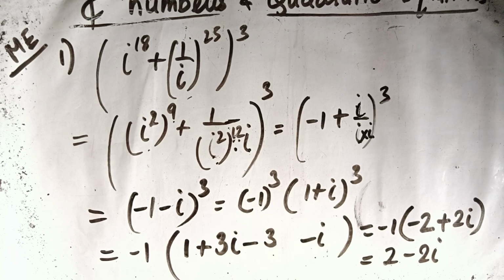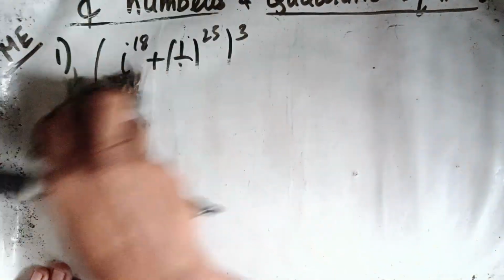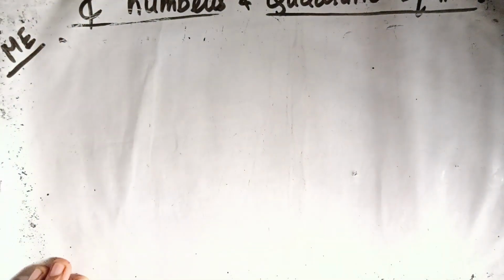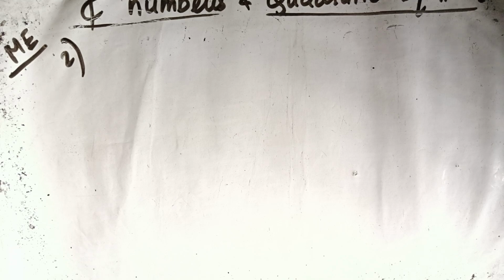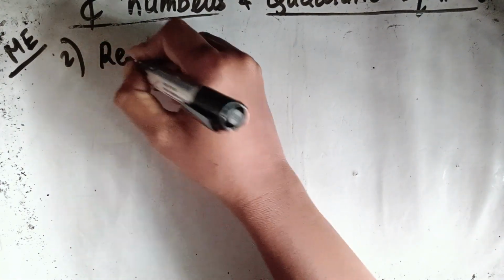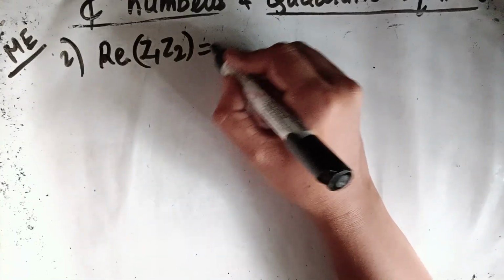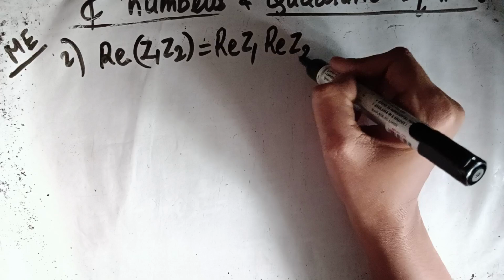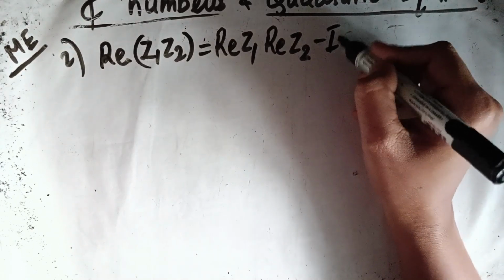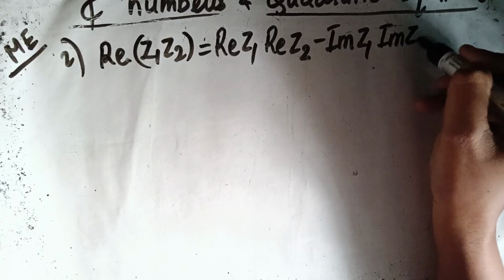Next we have the second one. For any two complex numbers Z1, Z2, you have to prove that real part of Z1 Z2 is equal to real part of Z1 real part of Z2 minus imaginary part of Z1 imaginary part of Z2.